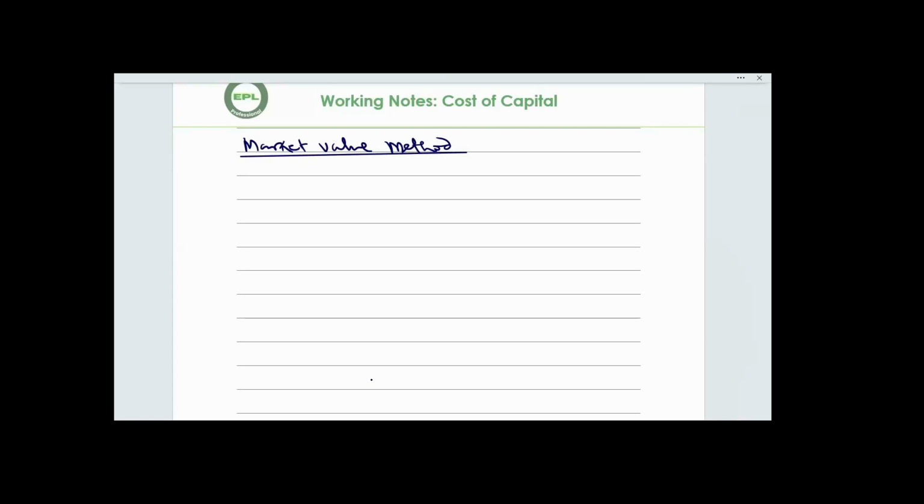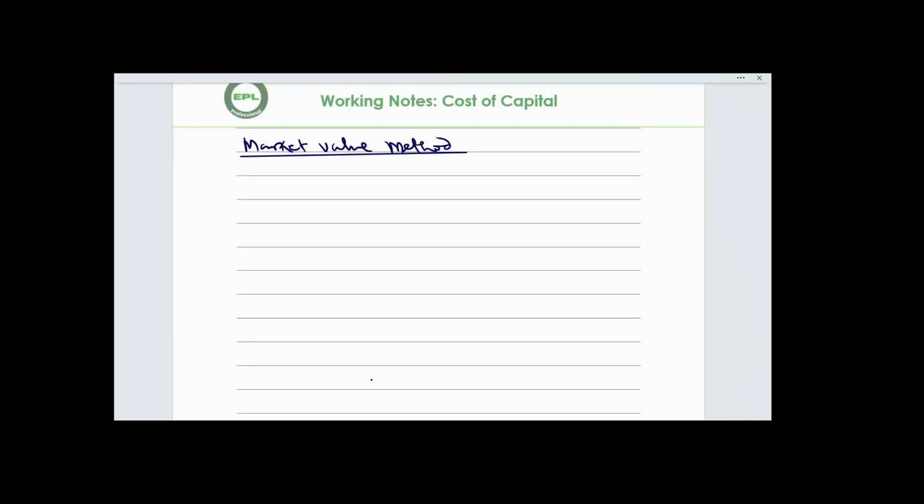All right, because market value reflects the current market condition in the capital market. When you talk about price determined by the interaction of demand and supply, the buyers and sellers, the current information is already embedded in the market price, unlike the book value, which is historical.